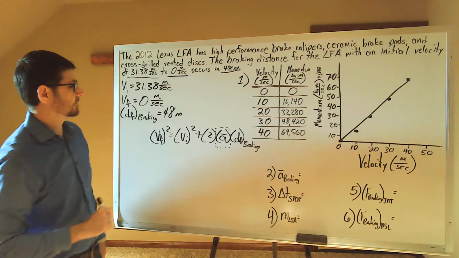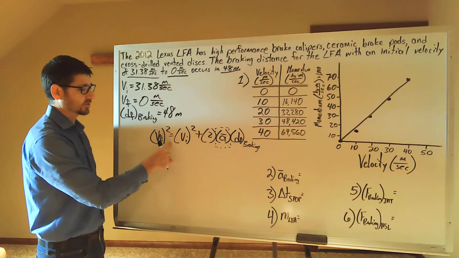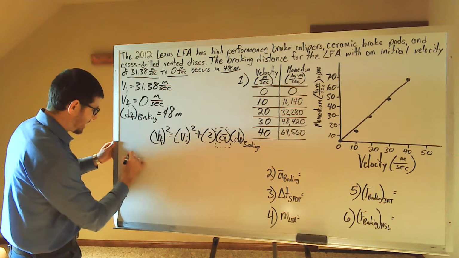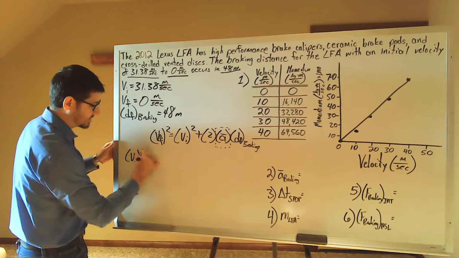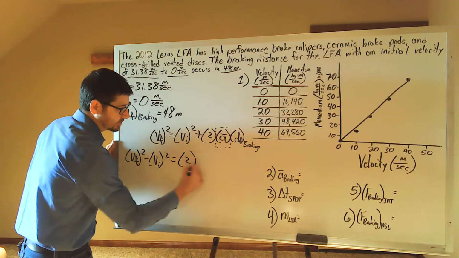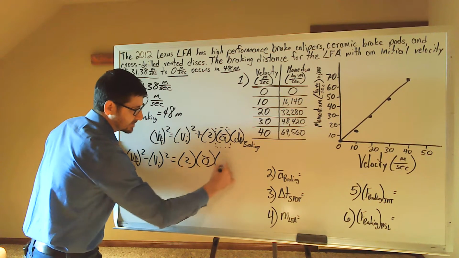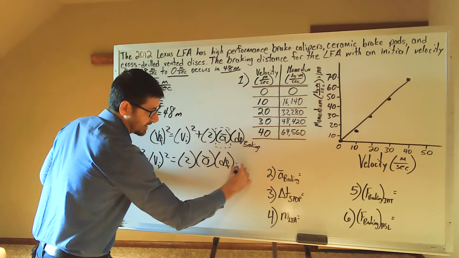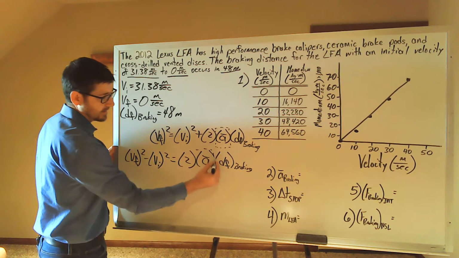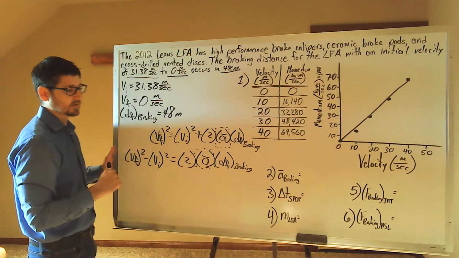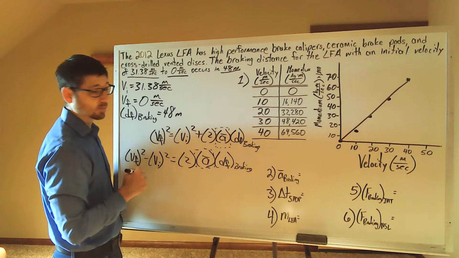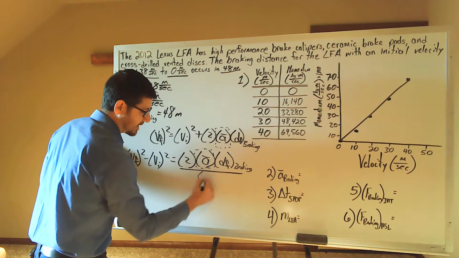The first thing we're going to do is subtract initial velocity squared from both sides of the equal sign. So what I have is final velocity squared minus initial velocity squared is equal to 2 times our acceleration times our braking distance. The next step to isolate our acceleration is to divide by 2 and the displacement of braking on both sides of the equal sign.